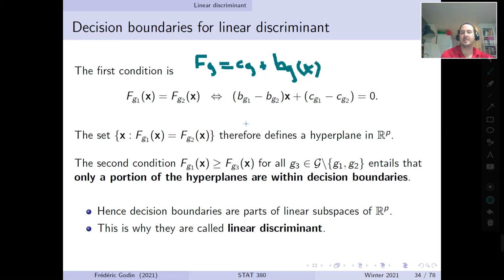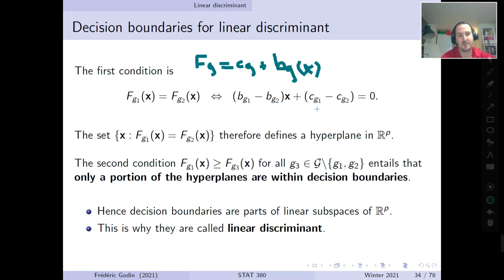So for that reason, fg1 being equal to fg2 entails having (Bg1 minus Bg2) x plus the difference between the Cg's equal to 0. The set of all x's, or all predictor values, which solves this equation defines a hyperplane in R^p.